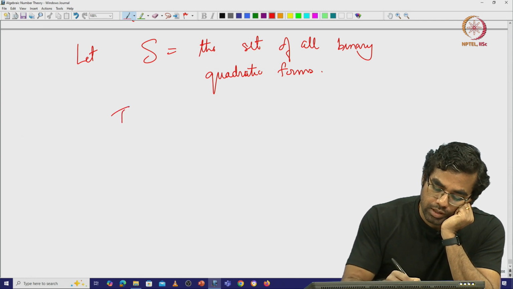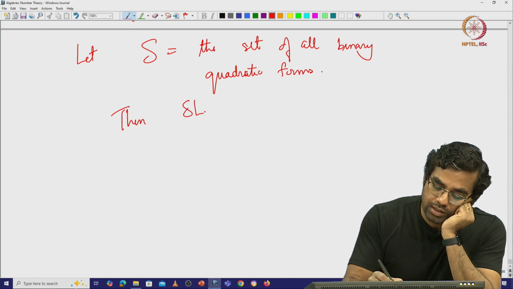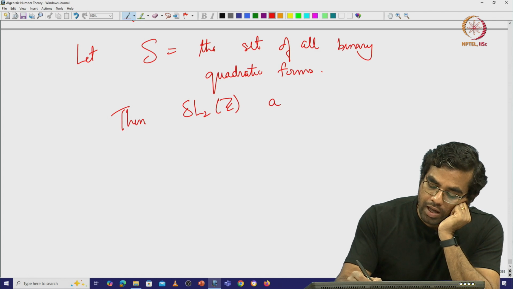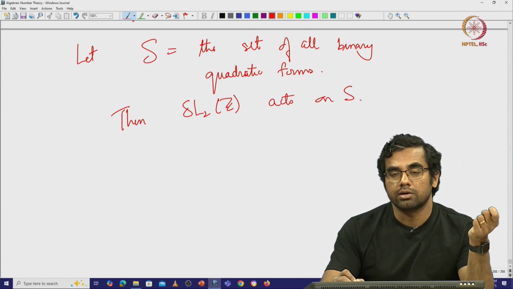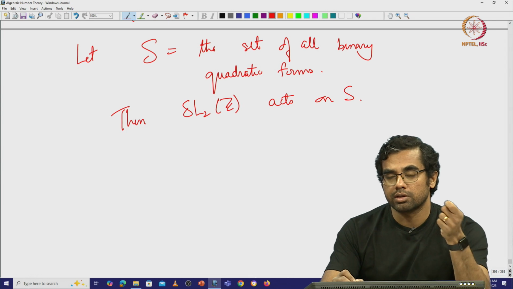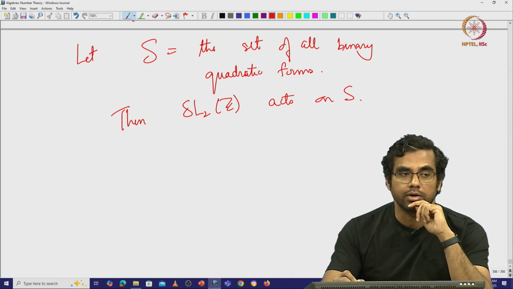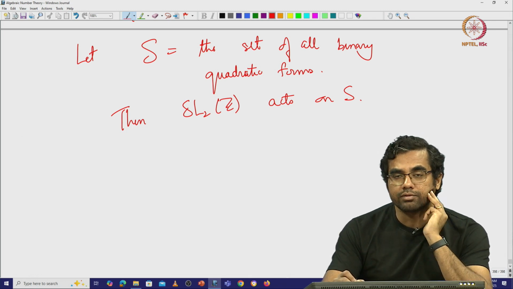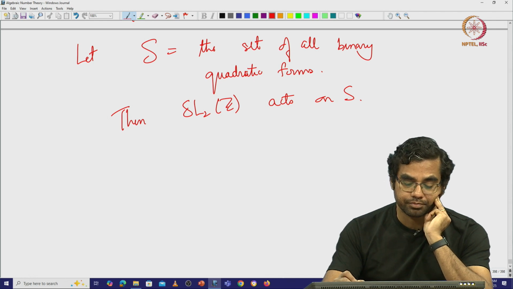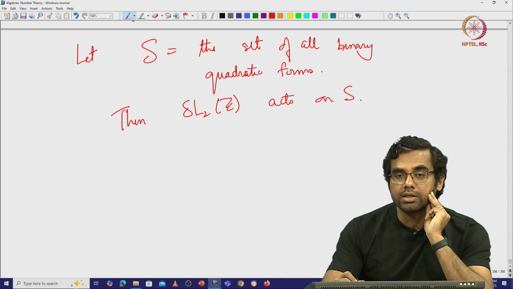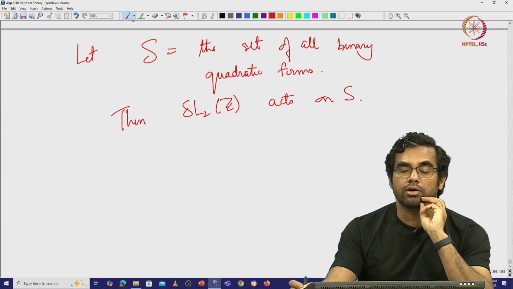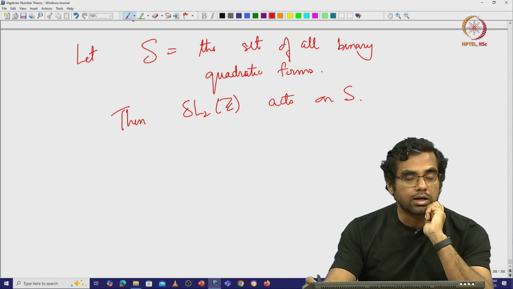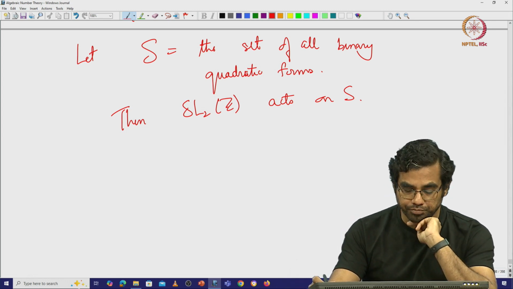Then SL2Z acts on S. You take a binary quadratic form and you get another binary quadratic form by this action, and we call the orbits of this the equivalence classes. So that is why it is clear that it is an equivalence relation, because these equivalence classes come from the action of a group.